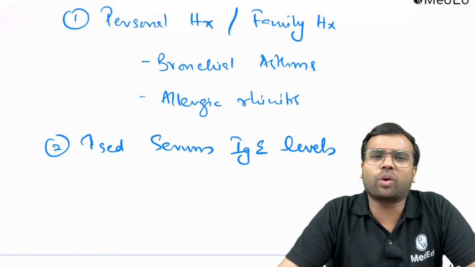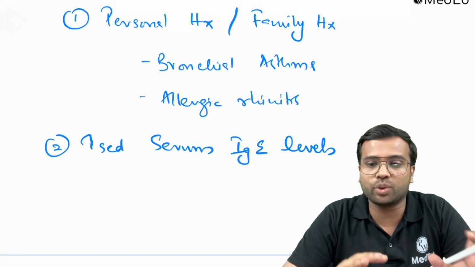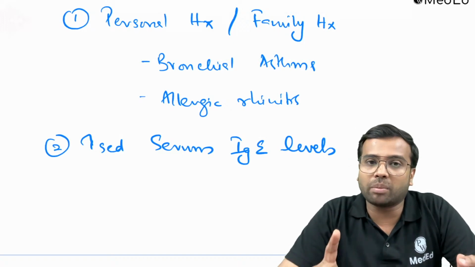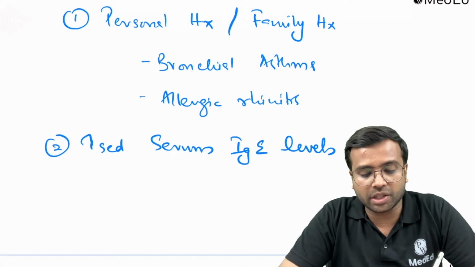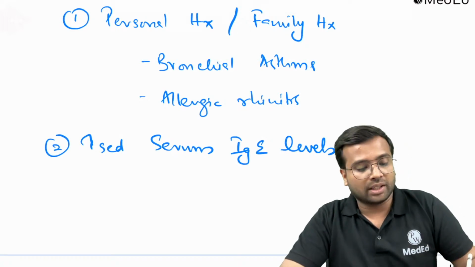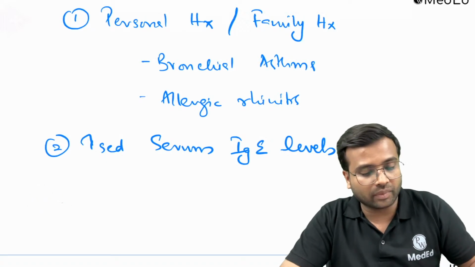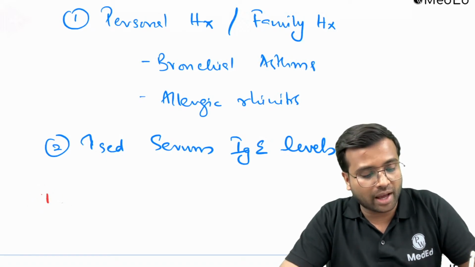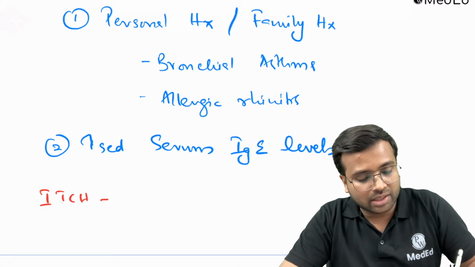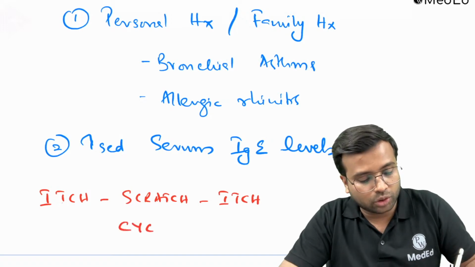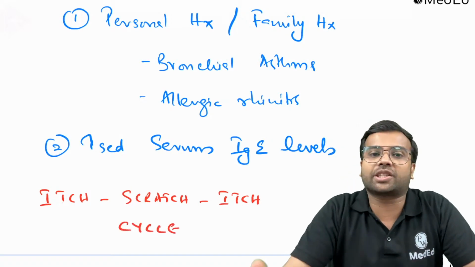Now let us talk about who are those patients who usually get atopic dermatitis. Remember, these are the patients who usually have the itch, scratch, itch cycle. What do I mean by this itch, scratch, itch cycle?